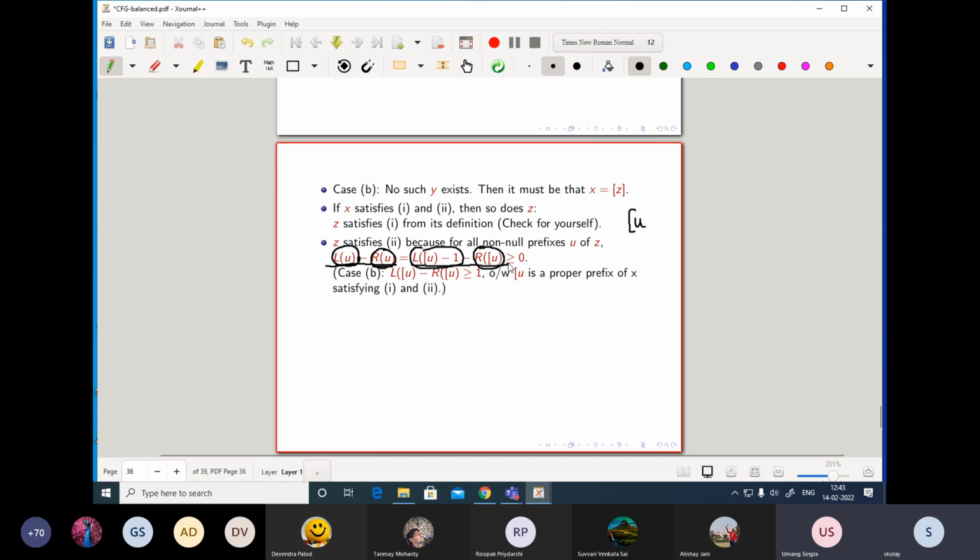Now the claim is that this will be greater than or equal to 0. Why? Because we are in case B. In case B, L of bracket u minus R of bracket u must be greater than or equal to 1. Because otherwise, if not, then bracket u is a prefix of x, and L of bracket u minus R of bracket u is definitely greater than or equal to 0 because x satisfies condition 2. So if L of bracket u minus R of bracket u is equal to 0, can you tell me what happens?